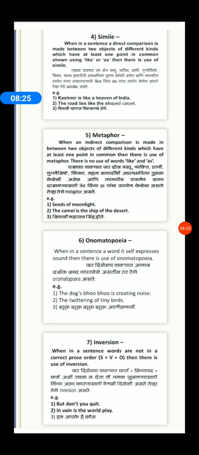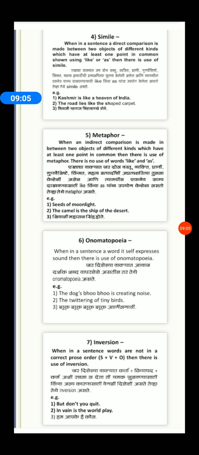According to the structure of the sentence, it should be but you don't quite, but here it is given as but don't you quite, for the rhyming words.